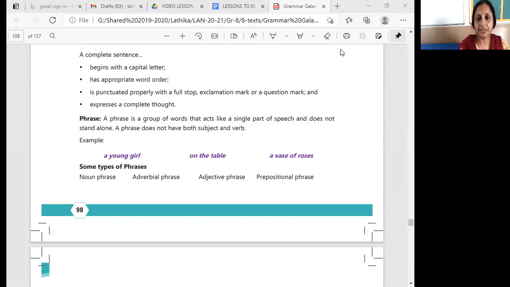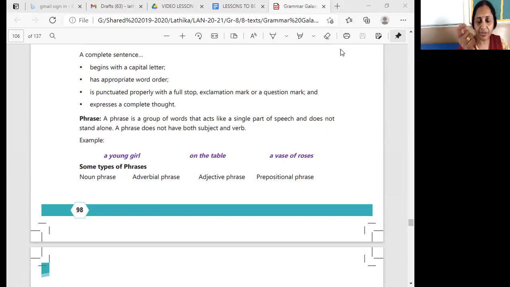We have learned the different parts of speech: nouns, verbs, adverbs, pronouns, prepositions, adjectives. Phrases act either as a noun, an adjective, an adverb or a preposition. So one of these four parts of speech, it acts like.